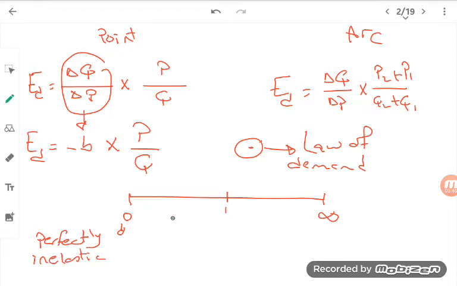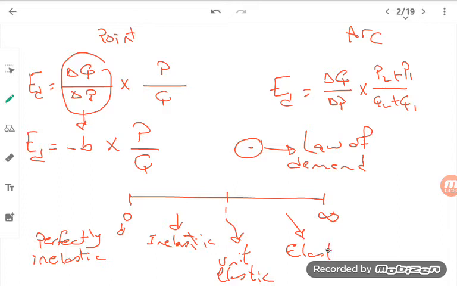If it is less than 1, it is inelastic demand. If it is 1, it's unit elastic. Greater than 1 is elastic demand. And finally, if it is infinity, it is perfectly elastic demand.